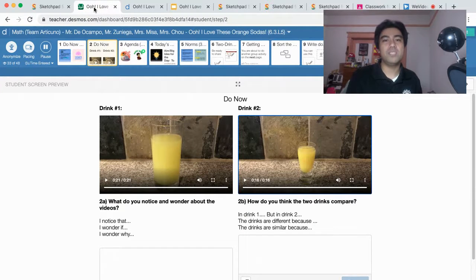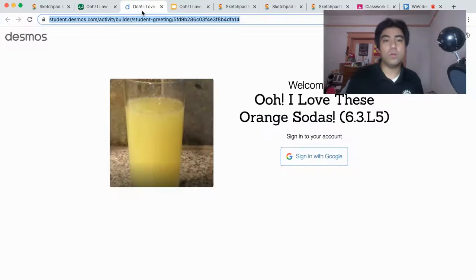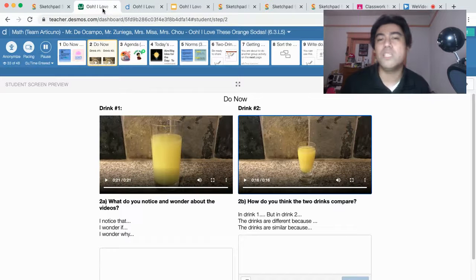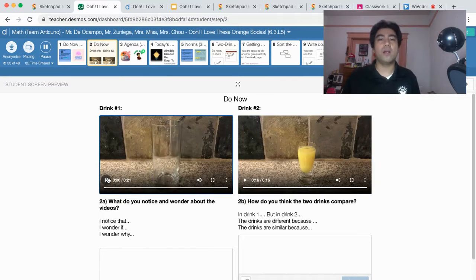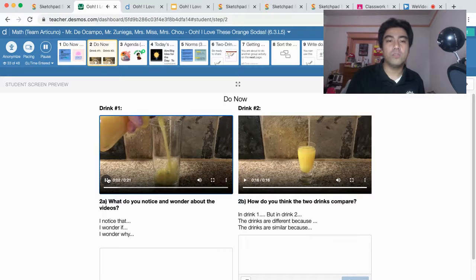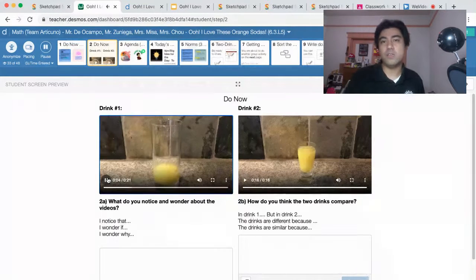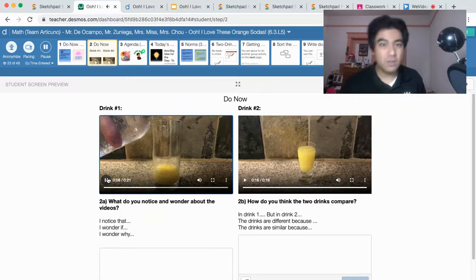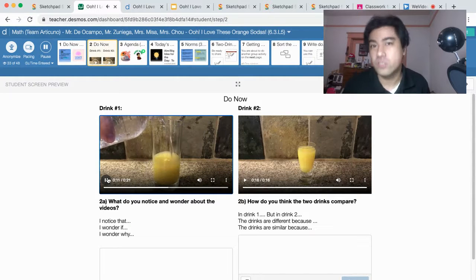And then just to give people who might have missed what happened earlier this morning, first of all, this lesson was called "Ooh, I Love These Orange Sodas." So we're going to take a look at two examples of orange soda drinks, where you combine orange juice, like here, and carbonated water, or you can say clear soda.